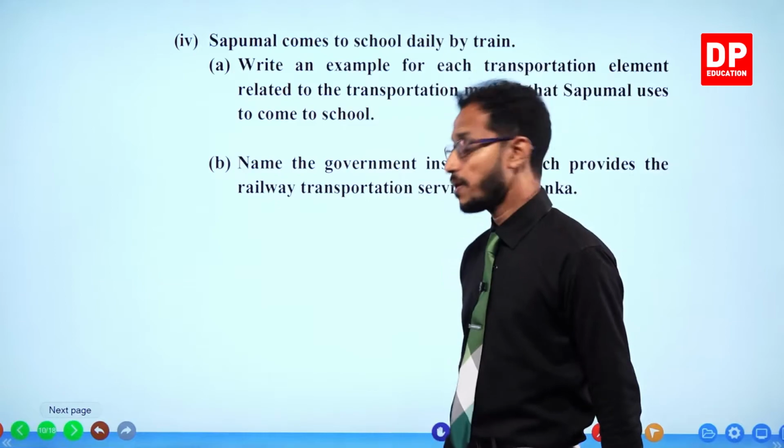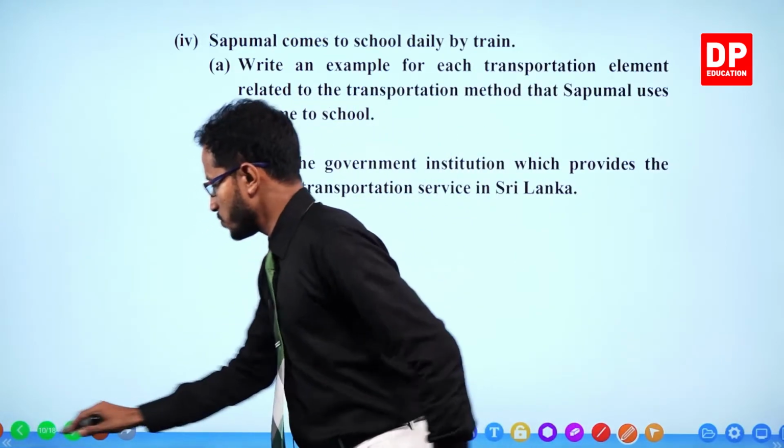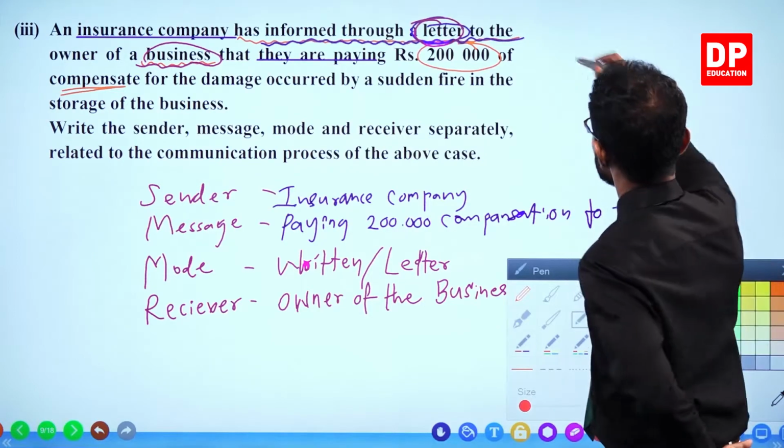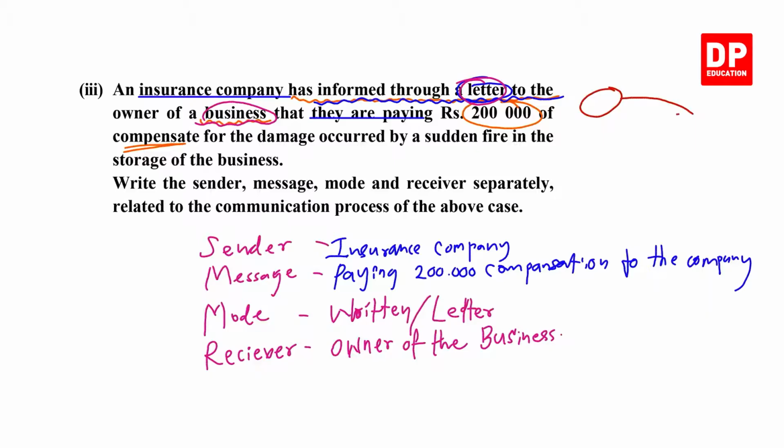Communication process. Okay. Maybe you do not remember, maybe you remember. The communication process goes like this. It's a circular process which goes round and round and round.